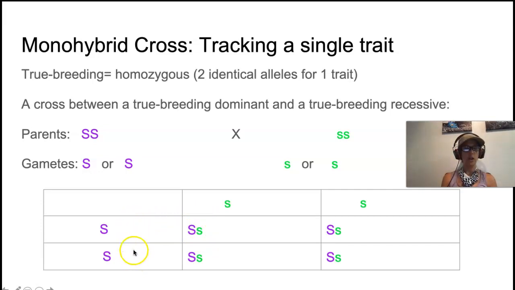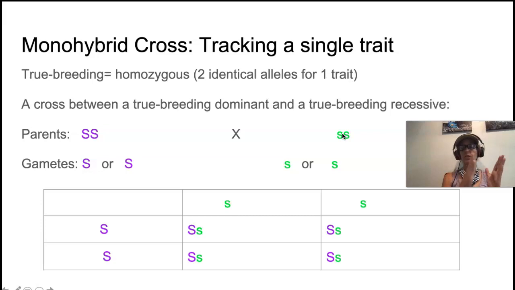Since these are both the same, the offspring, no matter which gamete fertilizes the other gamete, are all going to have the same genotype. They're all going to get a dominant allele from this parent and a recessive allele from that parent.